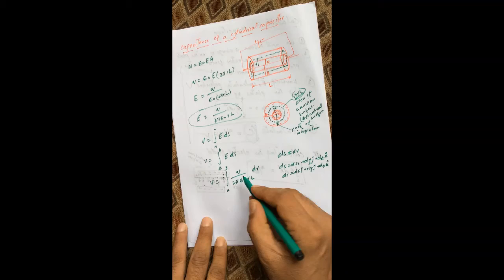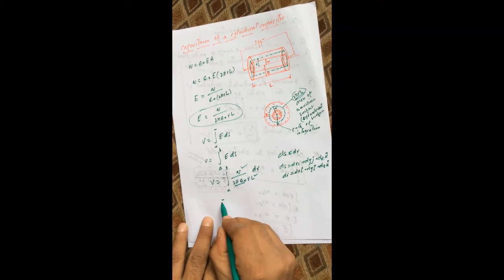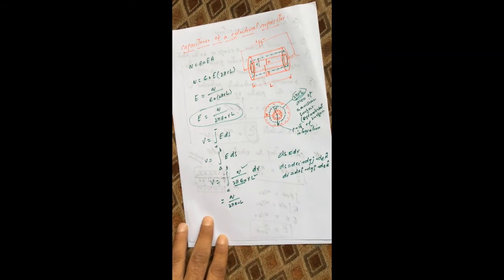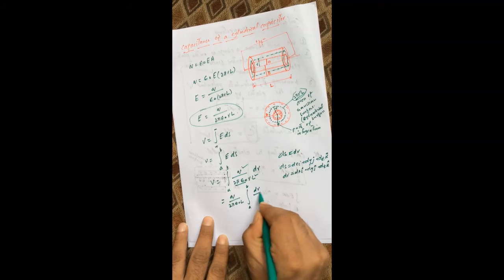Now all these quantities are constant, so I'll keep them outside of the integral. So we have Q over 2 pi epsilon naught L times the integral from A to B of dr over r.